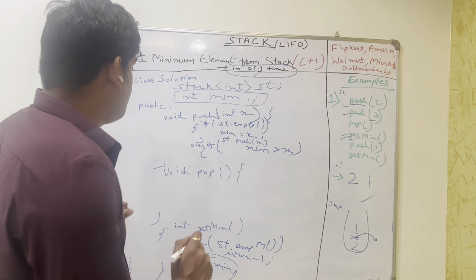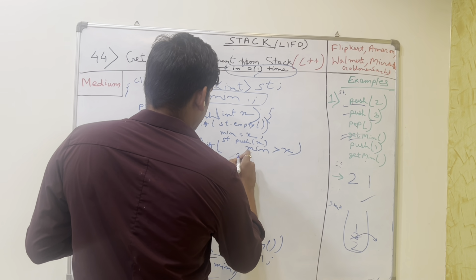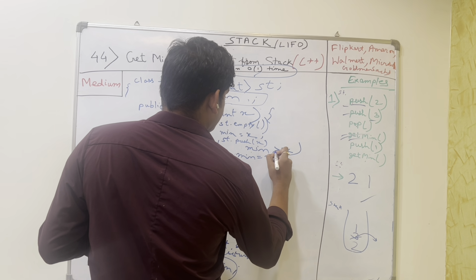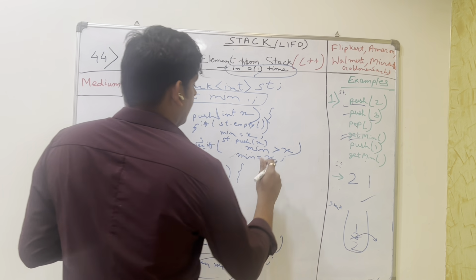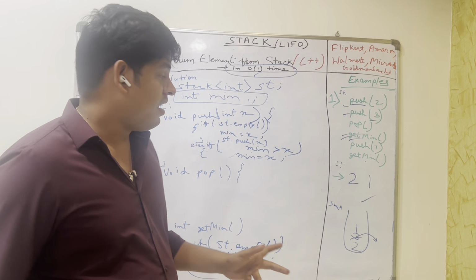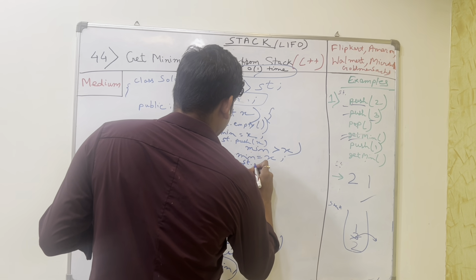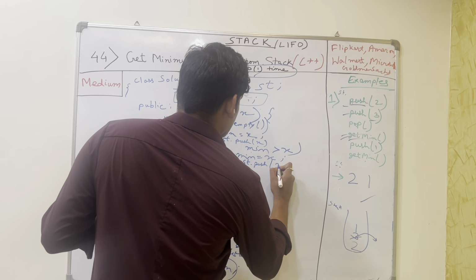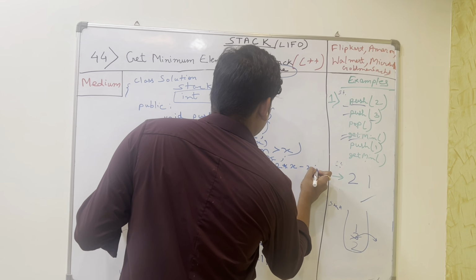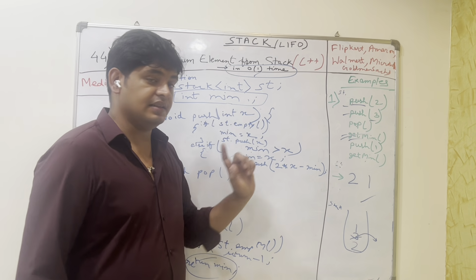So what do we do? We will make min equal to the current min value, right? Because this is lesser than this. If min is greater than x, then our new min is x. But in stack, we will insert 2 into x minus min. Okay. Now why have I done this?